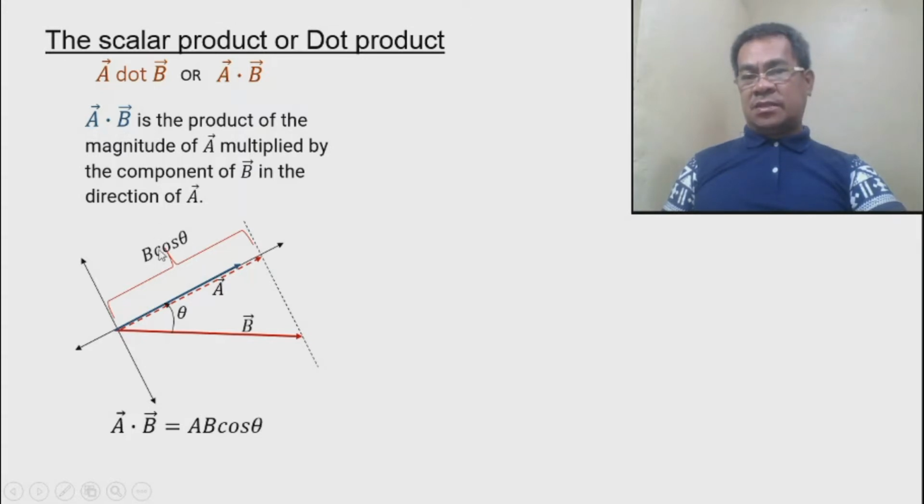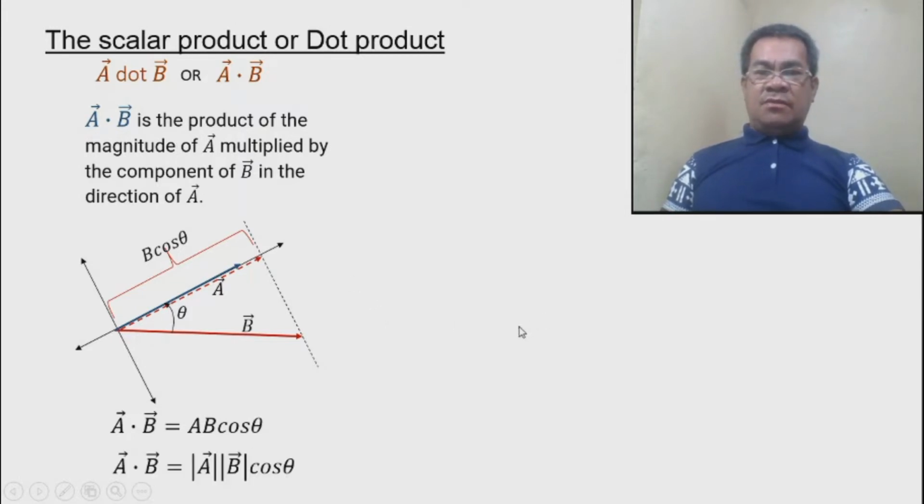So you are multiplying the two. That's it. That's the meaning of that product. We can use the absolute sign if you want to, or this one. Both of them are the same.